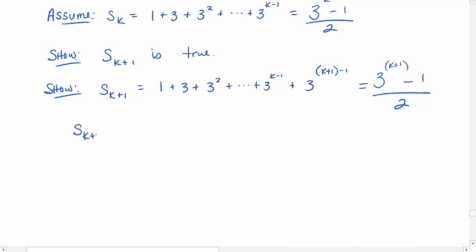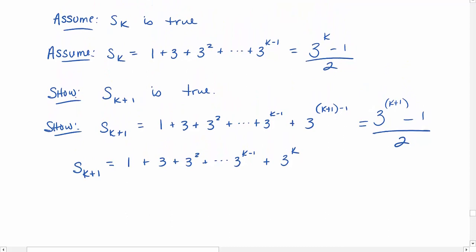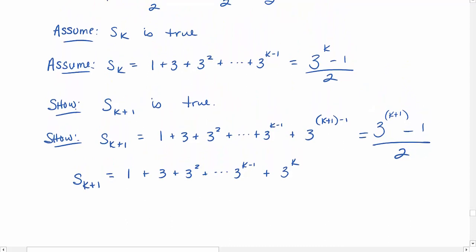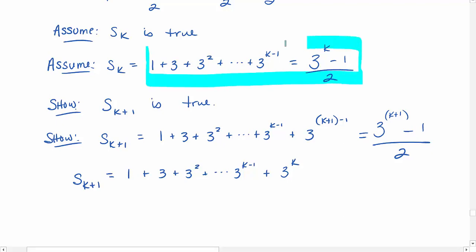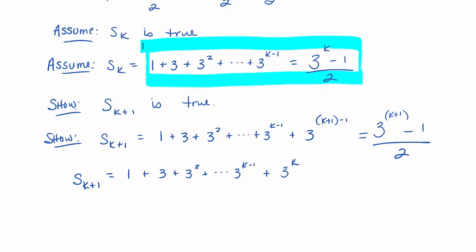Starting with S sub k plus 1, this is equal to 1 plus 3 plus 3 squared plus up to 3 to the k minus 1 plus 3, and I'm going to clean up that exponent and just make it k. In our assumption line above, we said that 1 plus 3 plus 3 squared plus up to 3 to the k minus 1 was equal to (3 to the k minus 1) divided by 2, and that's what we have down here.